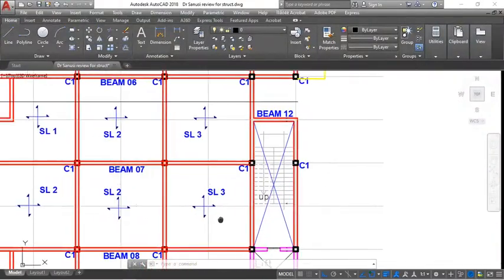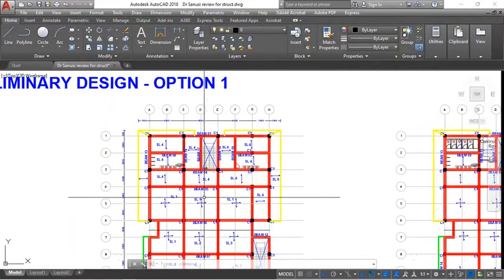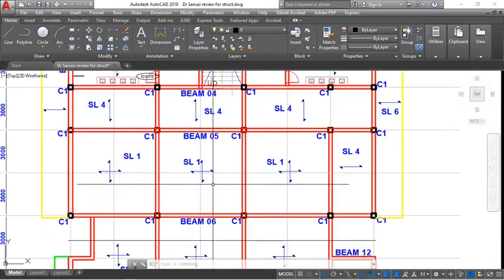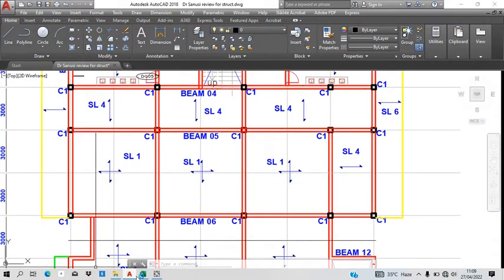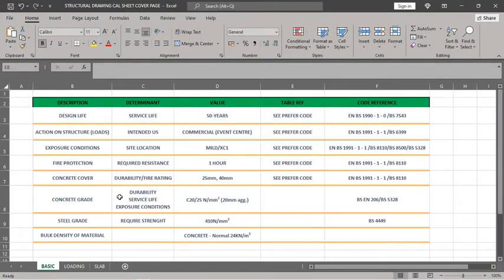So hardly do you see people taking time to actually get this information like they used to during the period when they were doing all these things manually before the advent of software.